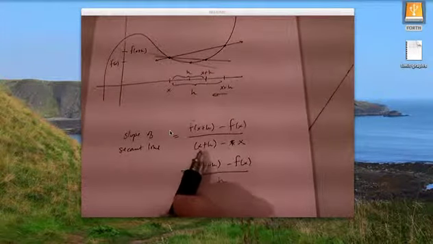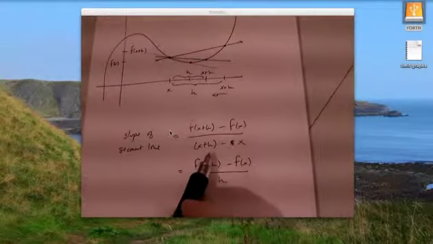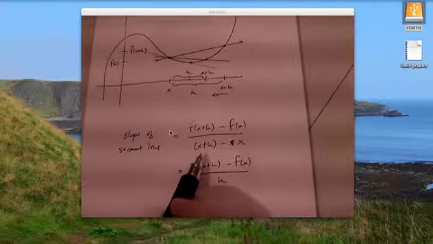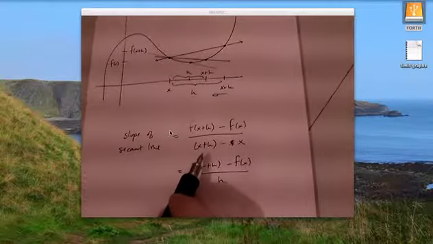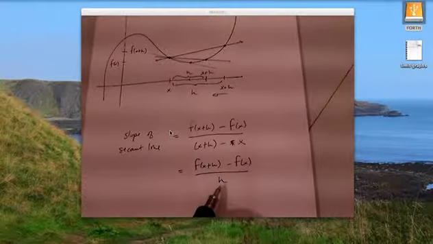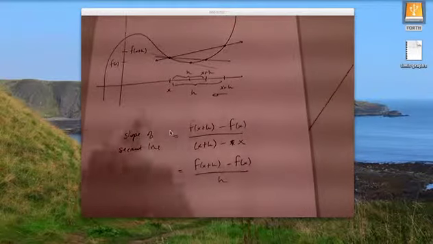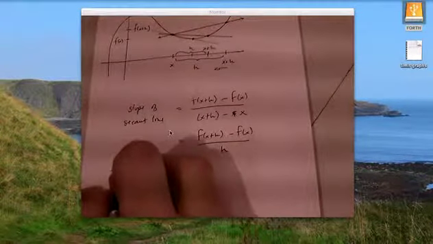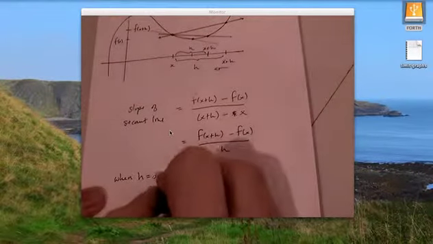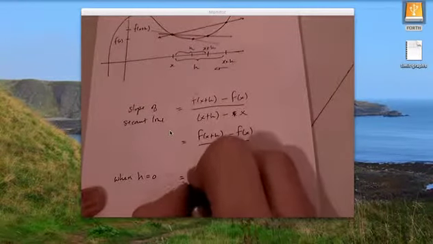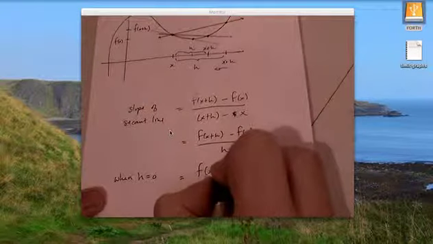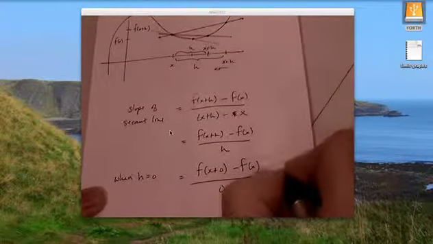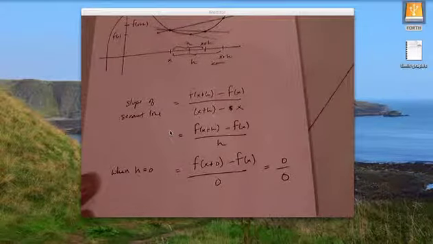Because basically once you free up the x plus h from those parentheses, because like I've said before, those parentheses aren't doing anything. They're window dressing, right? They're just performing the associative task. They're grouping terms. We get this. Well, when h is equal to 0, we get f of x plus 0 minus f of x over 0, or 0 over 0.